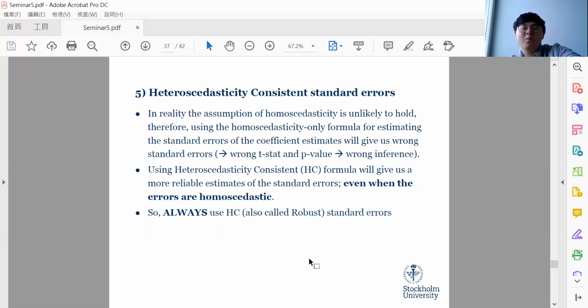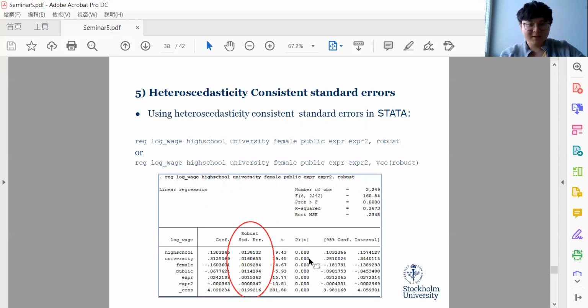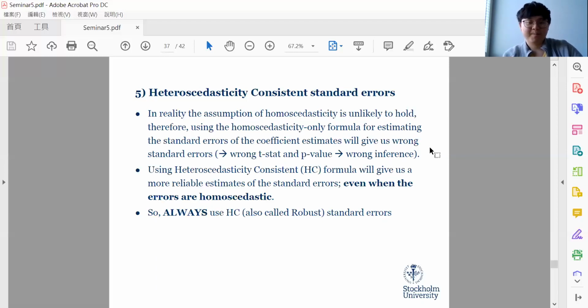So how do we correct the problem? The way to correct this problem is quite straightforward. In Stata, you just put a term called robust at the end of the regression. Then you can calculate the heteroscedasticity consistent standard errors.